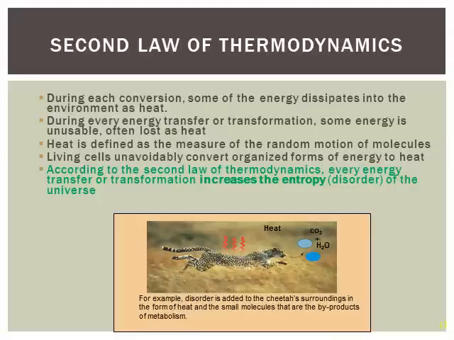We've got our cheetah again, and as the cheetah races off, perhaps after that antelope or deer he was eating, the cheetah is giving off heat into the environment, also giving off small, low energy compounds like carbon dioxide and water. So even though the cheetah stays nicely ordered, the environment around him is suffering as a result. He stays ordered, but the environment is brought farther and farther to the side of disorder, or entropy.